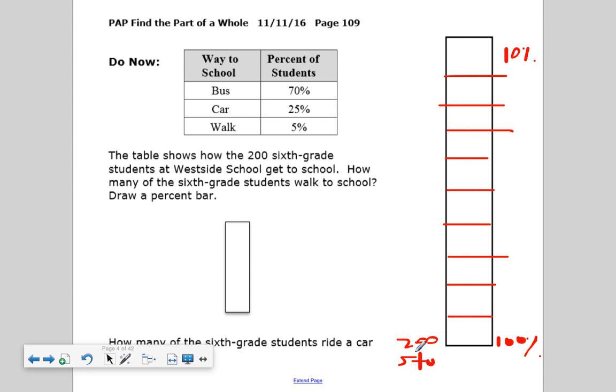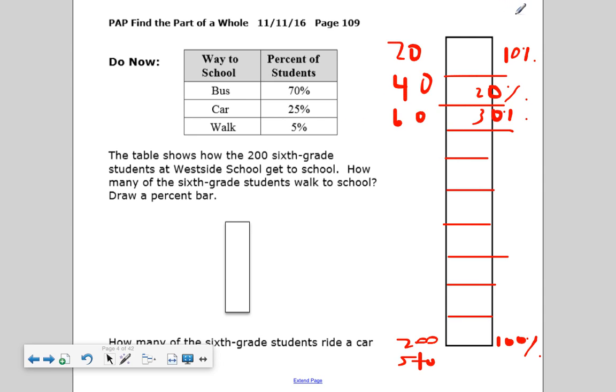So if I divide 200 students into 10 equal groups, there will be 20 students in each section. So 20 students is 10%. 40 students would be 20%. 60 students would be 30%.